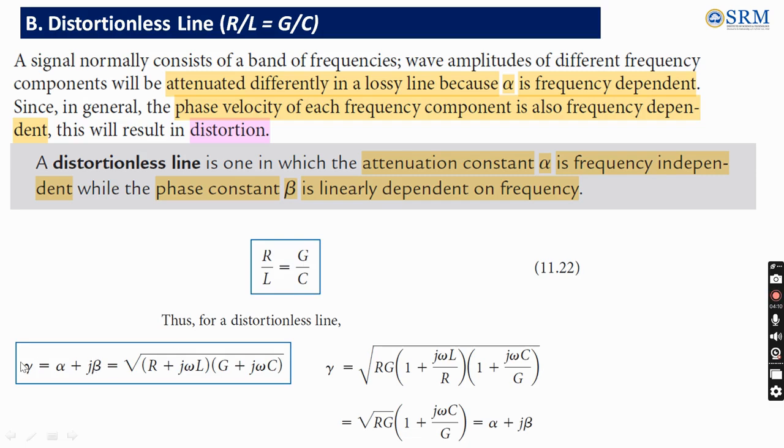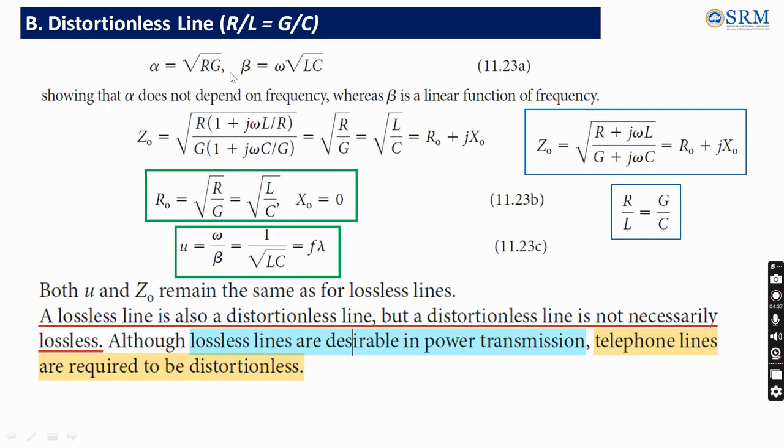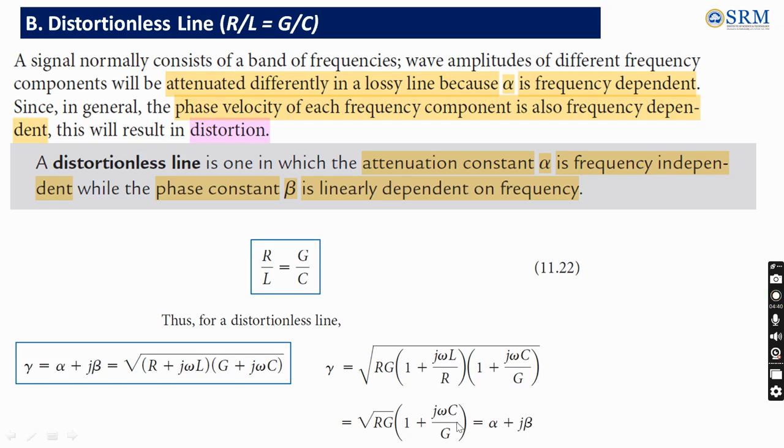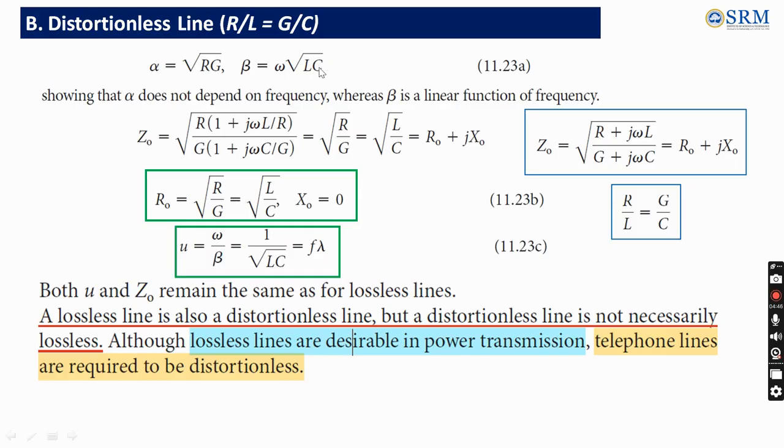If we substitute this condition in the propagation constant, before substituting we have to take R common from one factor and G common from the other. So we can replace L by R by C by G. In that case we get the same term, so root of RG into 1 plus j omega C by G. From here we find the attenuation constant is root of RG, and the phase constant beta, if you simplify, is root of RG into C by G, which gives omega root LC.